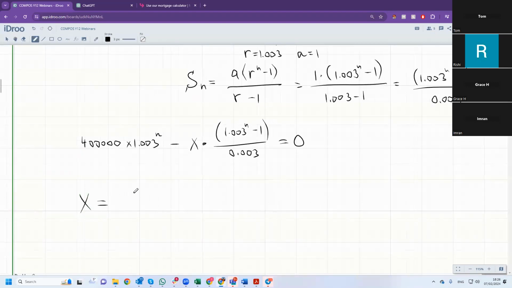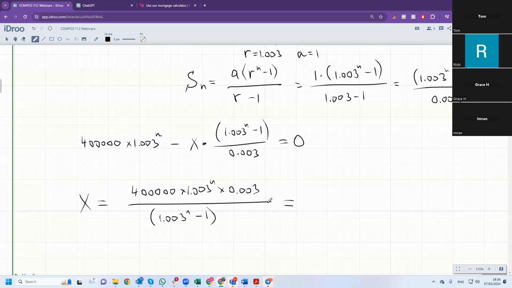X is equal to 400,000 multiplied by 1.003 to the power n multiplied by 0.003 divided by 1.003 to the power n minus 1.